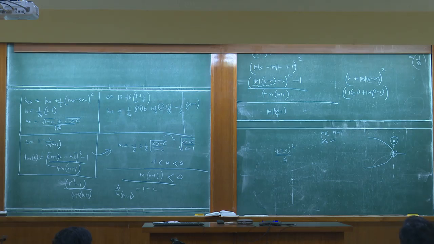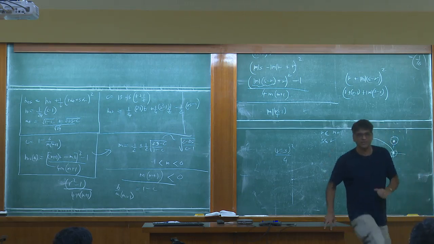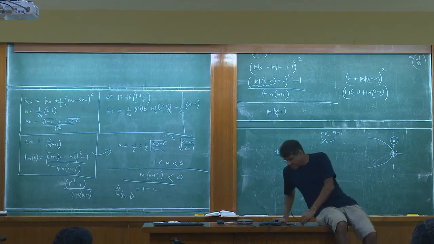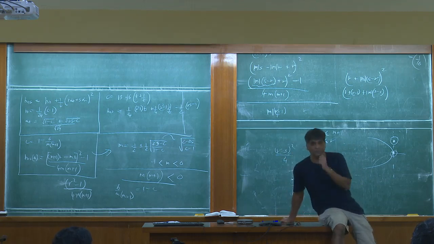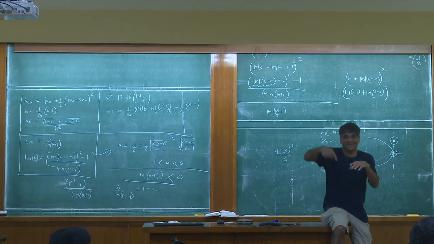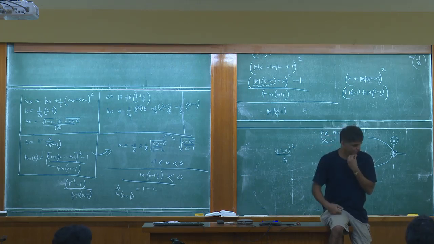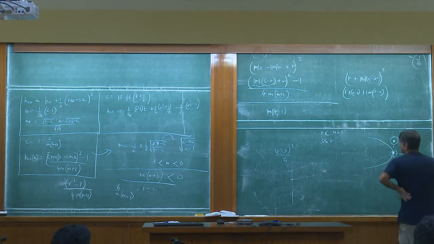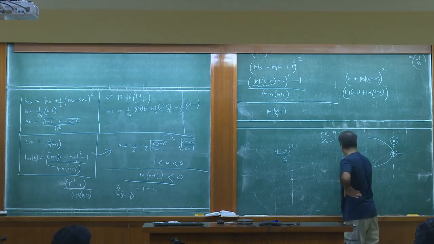So your question is, can you see this somehow going to the C equals 1 theory? Perhaps it somehow goes to a compact boson, which had discrete values of momentum. This does look a little bit like k squared by 4.